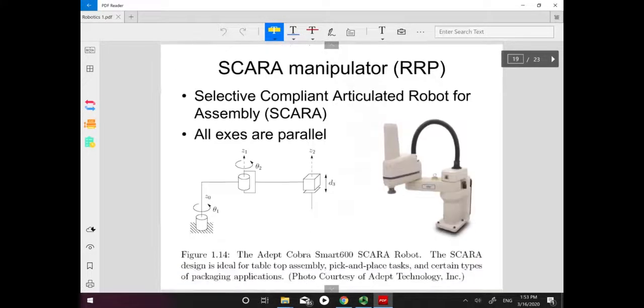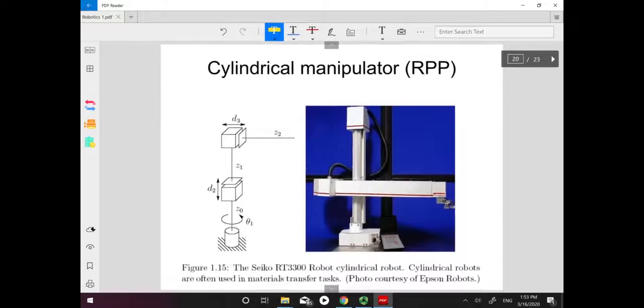This is because for the SCARA manipulator, the interesting thing is all the axes, 1, 2, 3, all these axes are parallel.